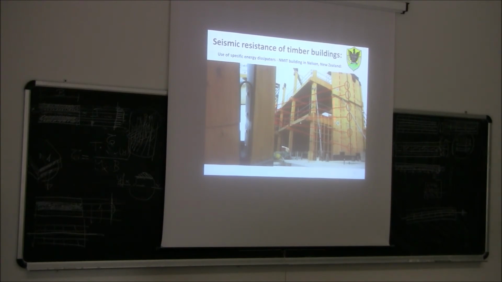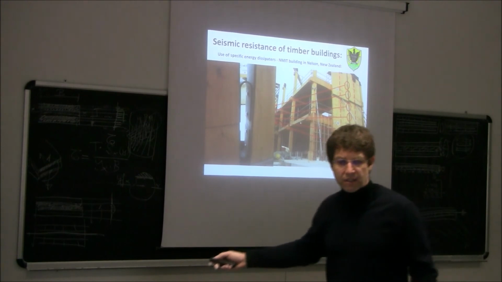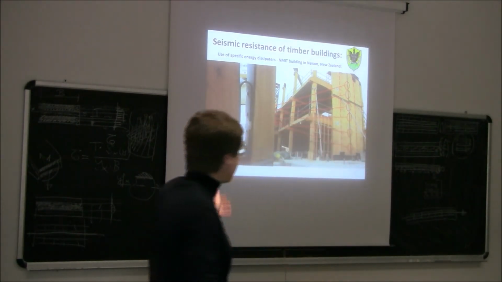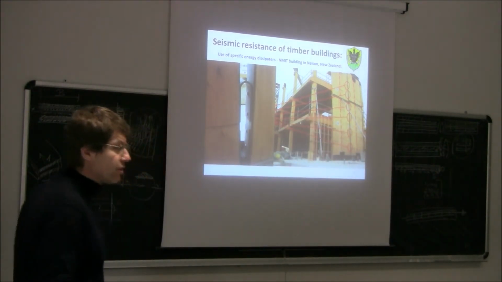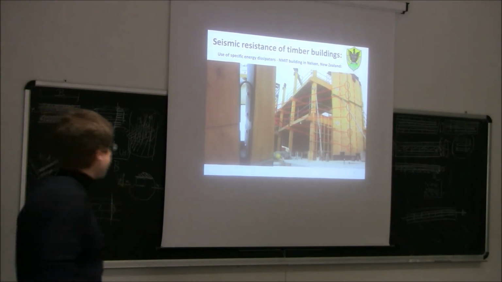The timber will still remain elastic. So in this case, we have all the timber members during an earthquake remain elastic. However, we have energy dissipation coming from the plasticization of those steel devices, the U-shaped metal dissipator. Okay? This is one philosophy of design.